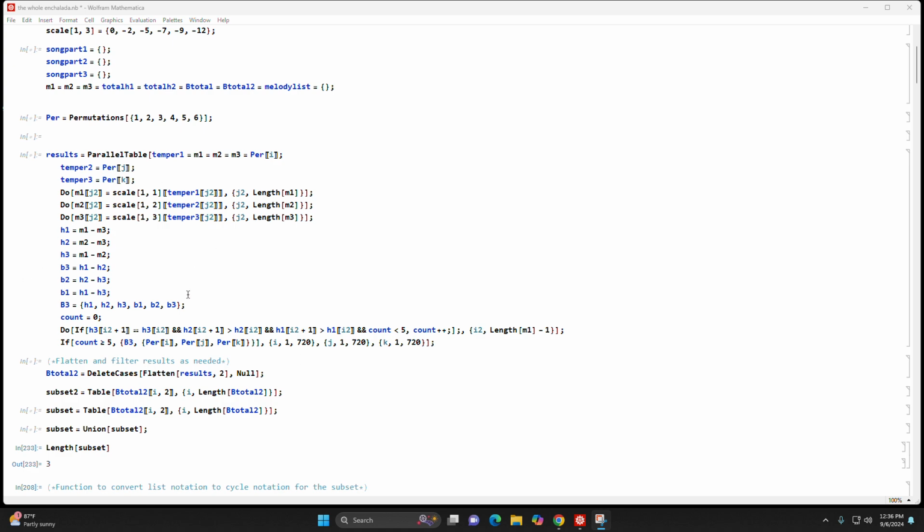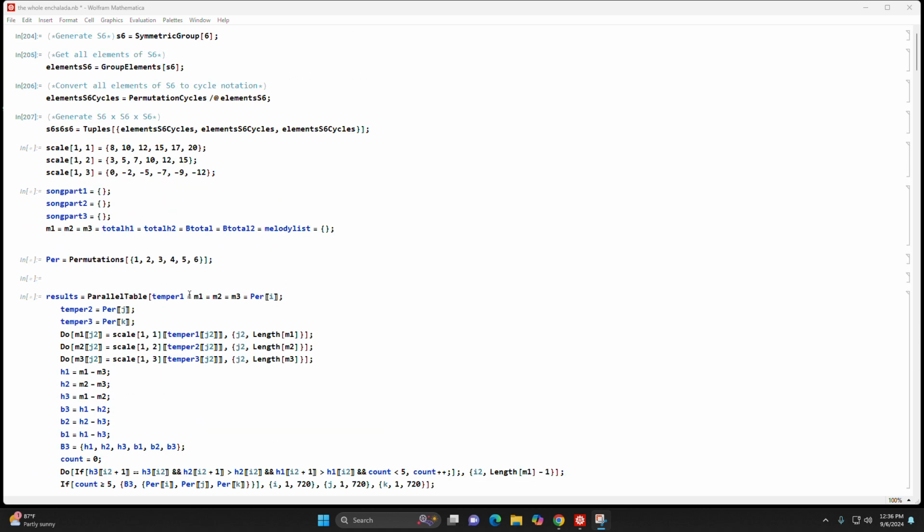This code generates all possible permutations of these three notes, or no, six notes, three voices.